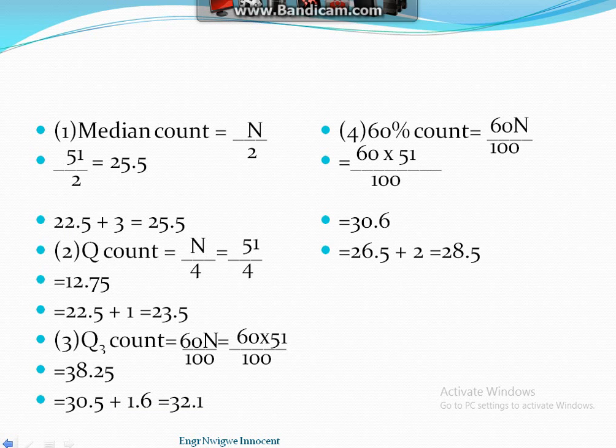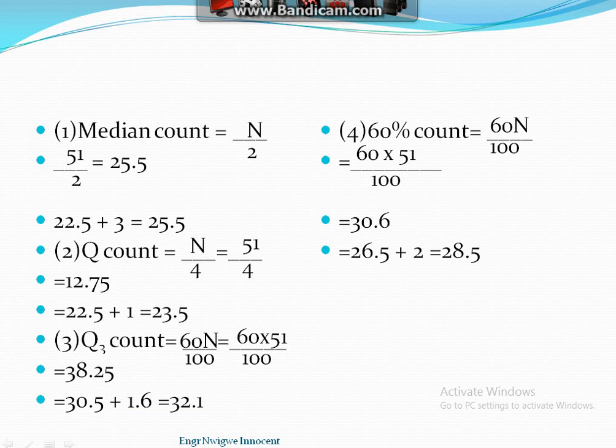Now trace 38.2 on the vertical axis of the frequency towards the ogive and trace it downwards to the class boundary. Where they meet, it will be 30.5 plus 1.6, which is equal to 32.1.